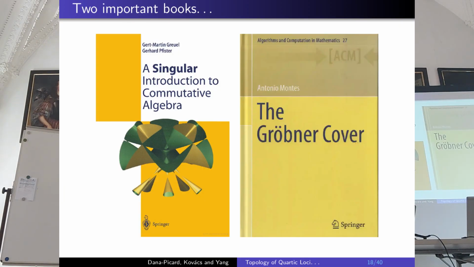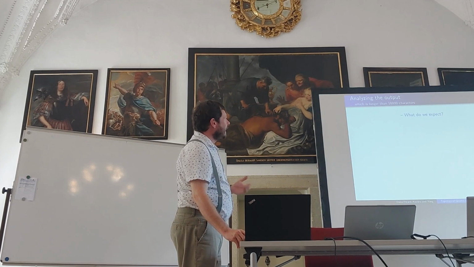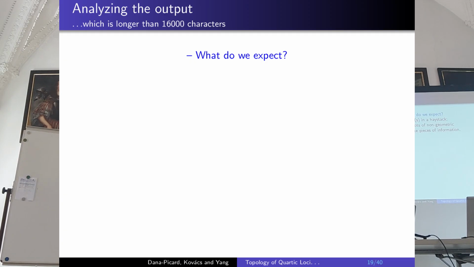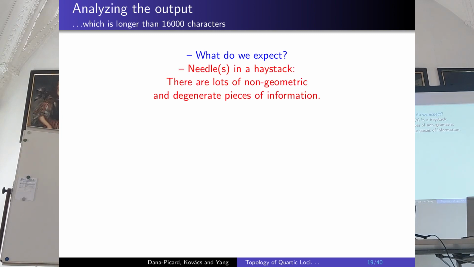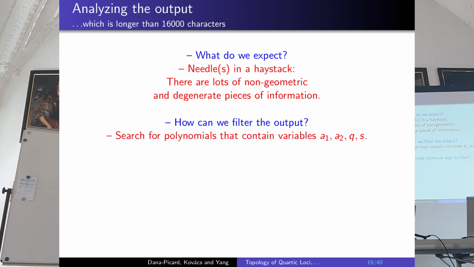There are very good books on it. And what we expect here, again, because it's still a complex number-based approach, is that we need to find a needle in a haystack. And literally, we need to filter the output for certain variables.